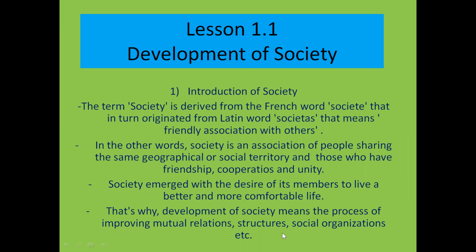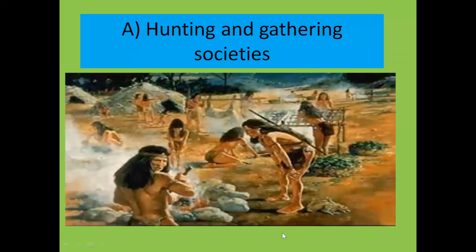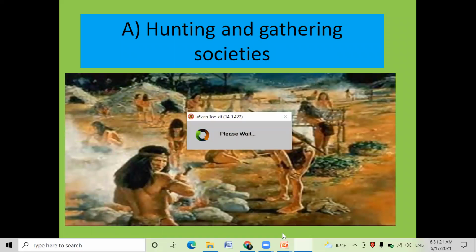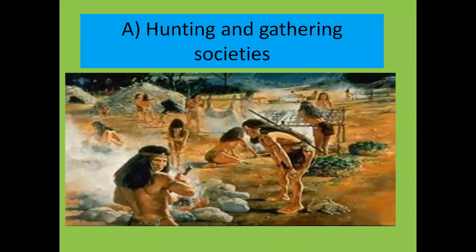Now let's go to the next slide. Look here. Regarding development of society, I want to make you clear with the help of this picture as well. First of all, when people appeared on this beautiful earth and started their human civilization, the first phase of human civilization is known as hunting and gathering society.